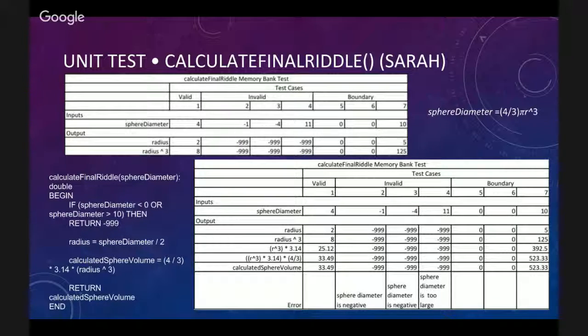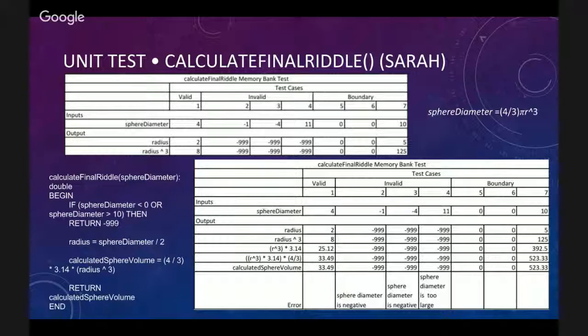So some negative numbers such as -1 and -4, and then also a number that was outside the upper limits of that boundary, 11. And all of those returned -999, which, as Eldon previously established, is our number that designates an invalid response.